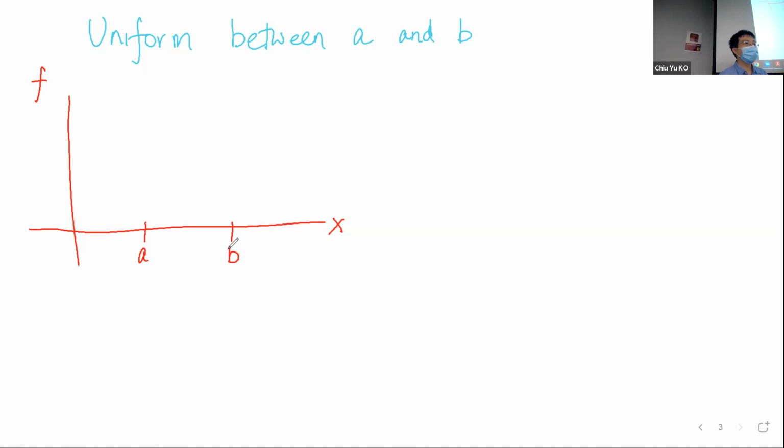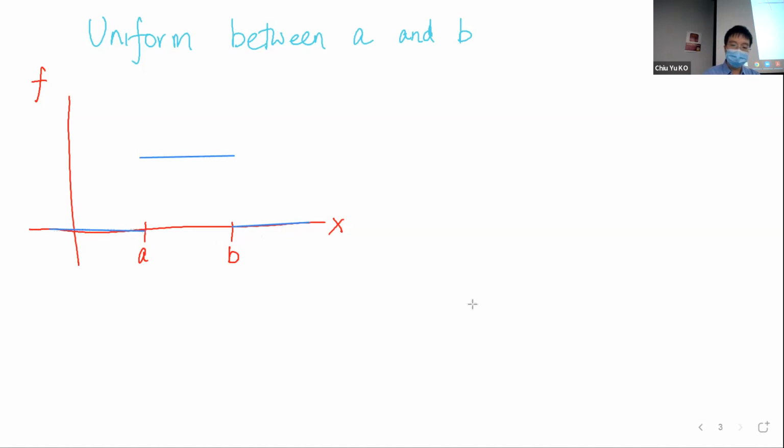Between A and B this should happen, and beyond B it should be 0, because there is nothing beyond B and nothing below A. So it looks like this. And if you are not comfortable, you can forget about beyond B or less than A because they are not very important. They are 0.